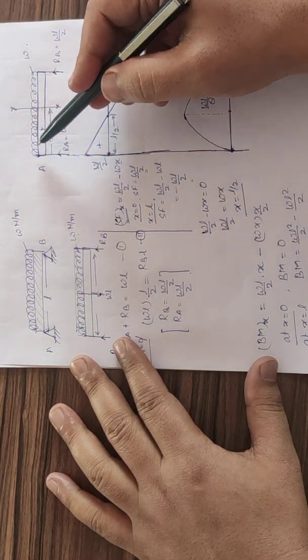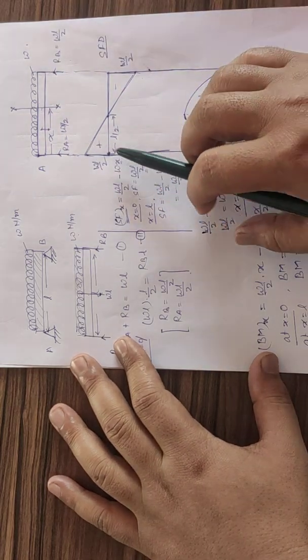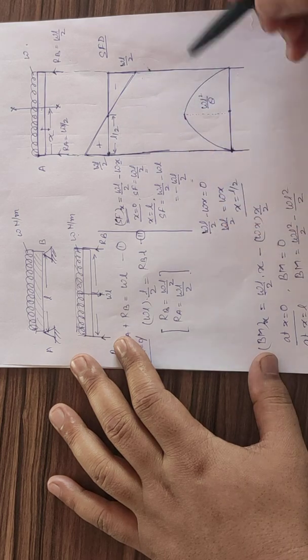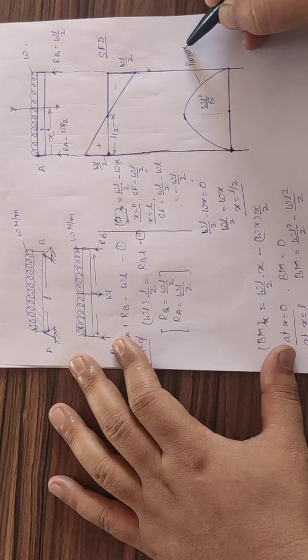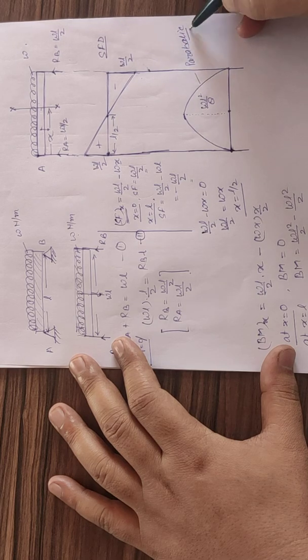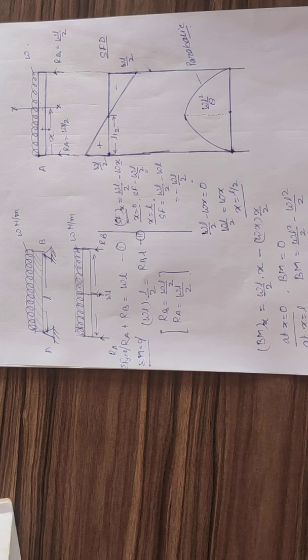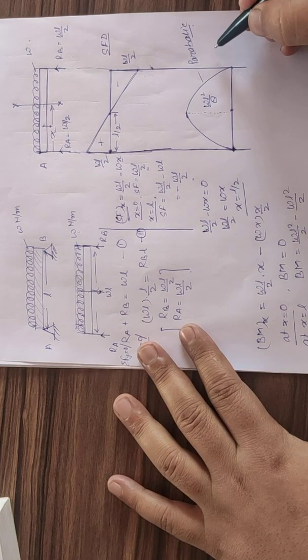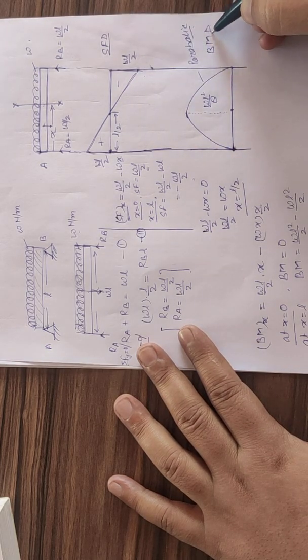For uniformly distributed load, the variation of shear force is linear and the variation of bending moment is parabolic. This is the shear force diagram, and this will be the bending moment diagram.